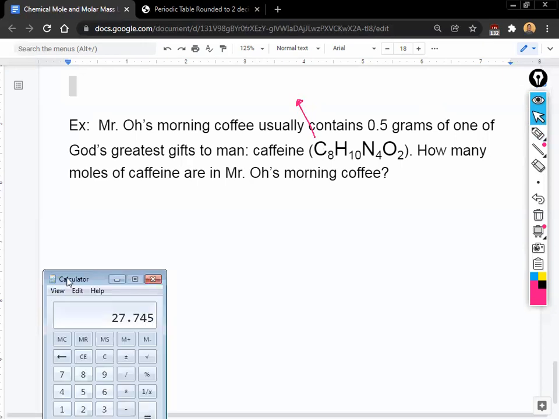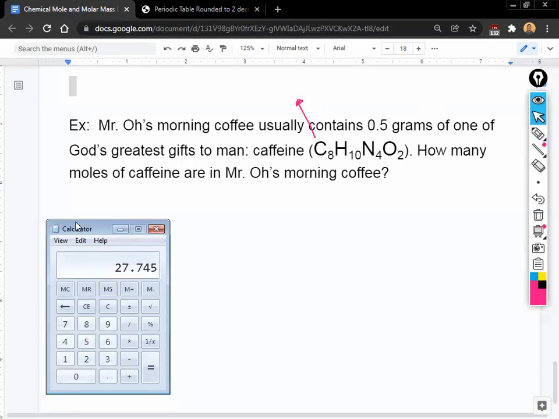Carbon is 12.01, which is close to 12, so I'm going to say 12. 12 times 8 is 96. Hydrogen is 1, so 1 times 10 is 10. Nitrogen is 14, times 4, which is 56. And oxygen is 16 times 2, which is 32.